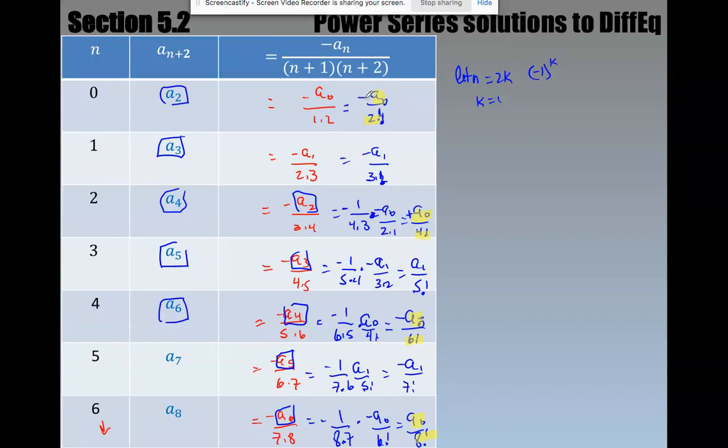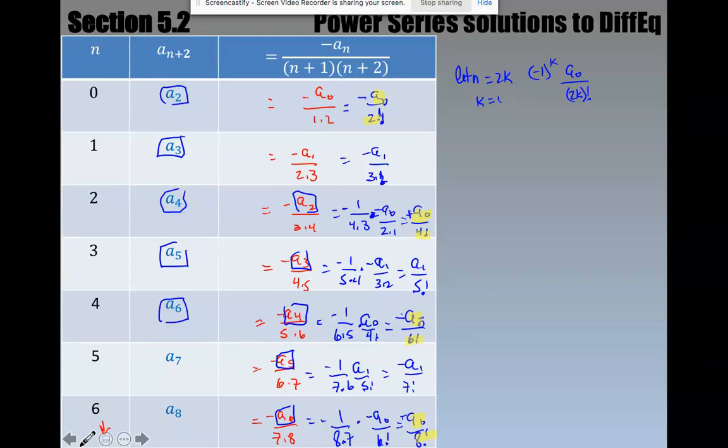Do you see I have negative, positive, negative, positive, right? The signs alternate, and then all of them have a sub 0 in the numerator over what? 2k factorial. Right? So that's all when n is equal to 2k. So I have that scenario.